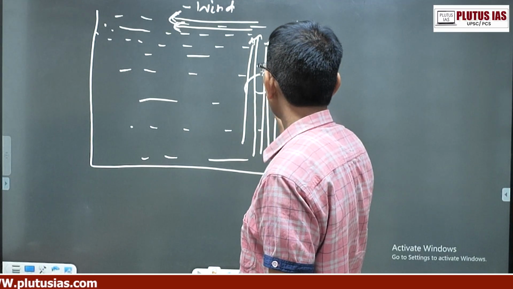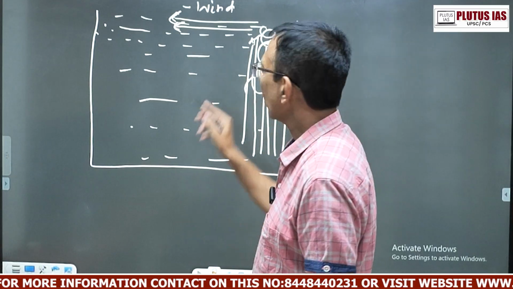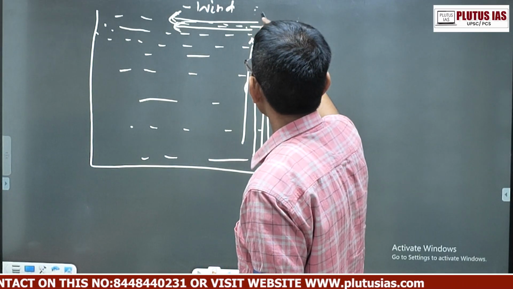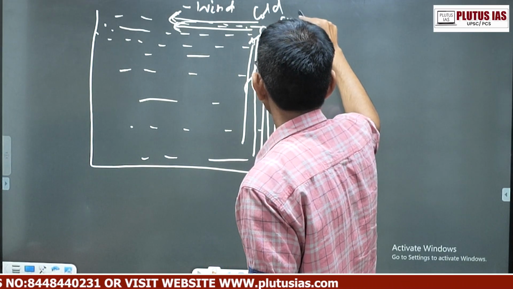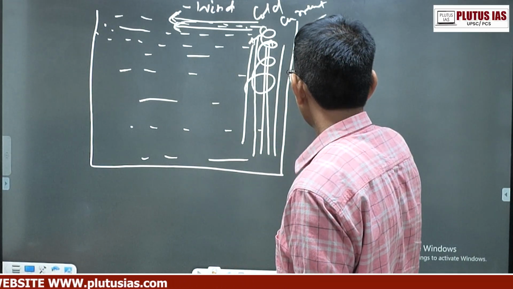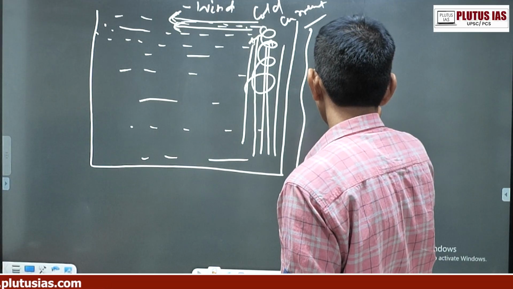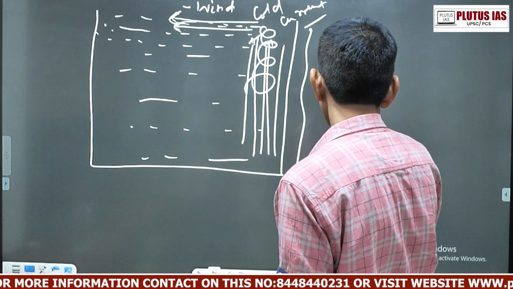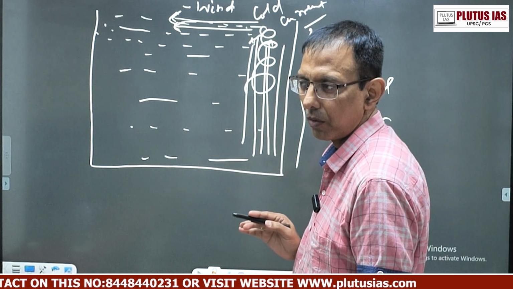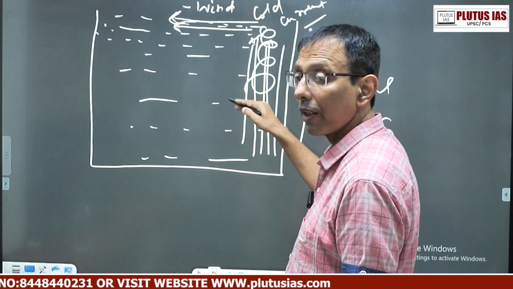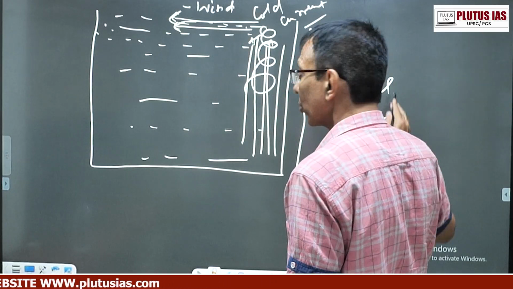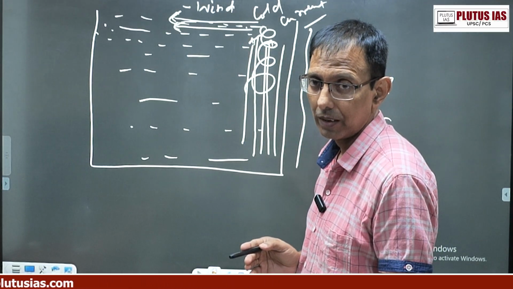This upwelled cold water would come to the surface in the form of a cold current. So in the tropical region, this is the cause of how cold currents originate in those regions, right?